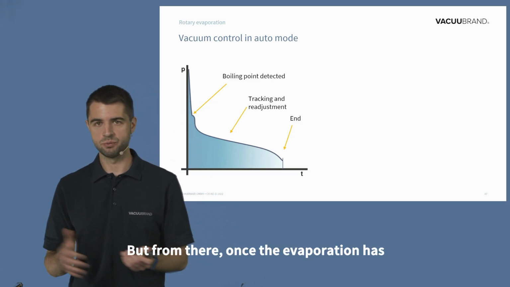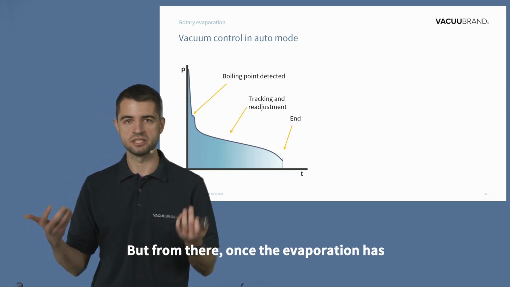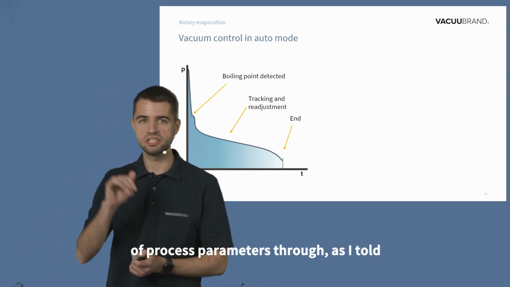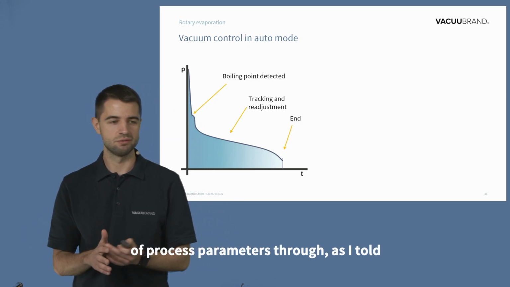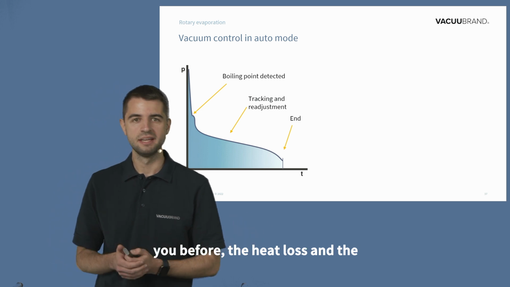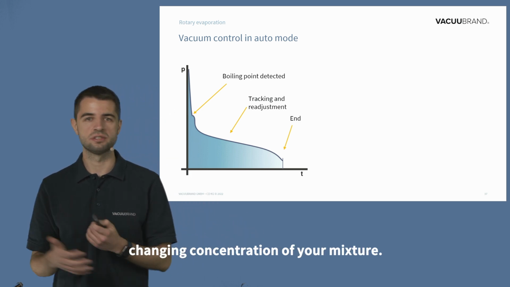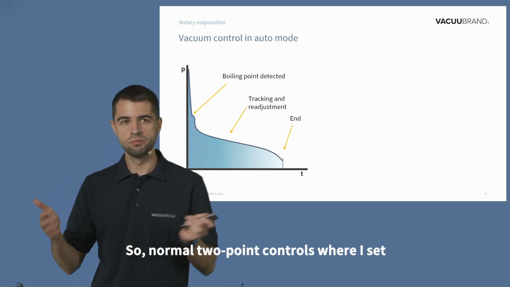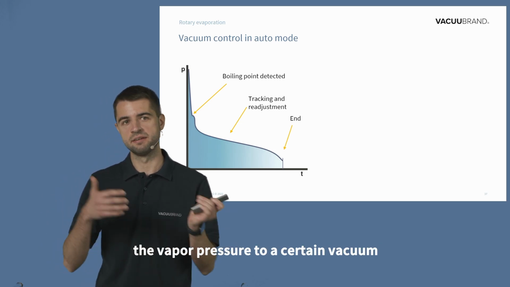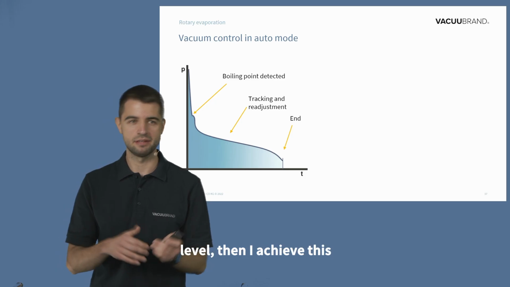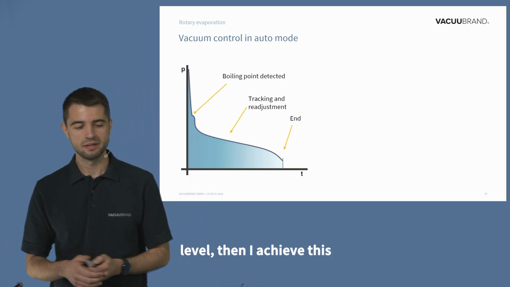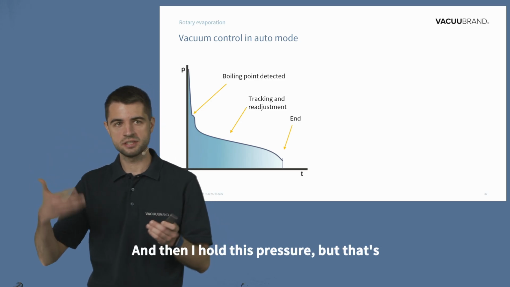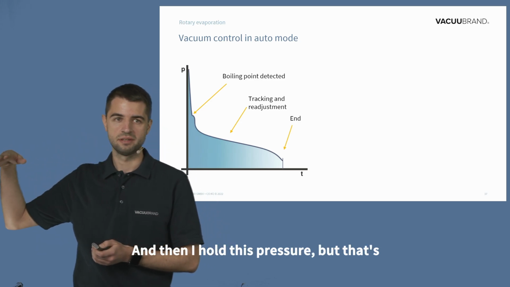But from there, once the evaporation has started, you have this continuous change of process parameters through, as I told you before, the heat loss and the changing concentration of your mixture. So with normal 2-point controls, I set the vacuum level to a certain vapor pressure, I achieve this pressure, the evaporation starts, and then I hold this pressure.